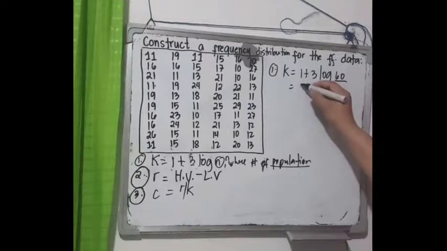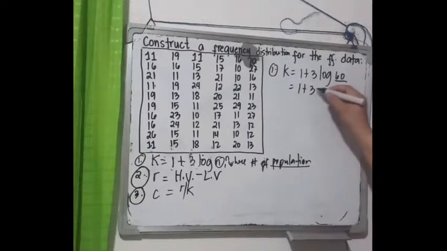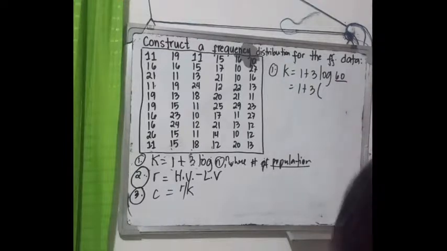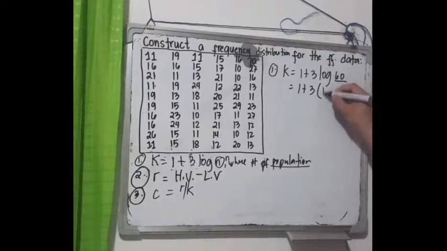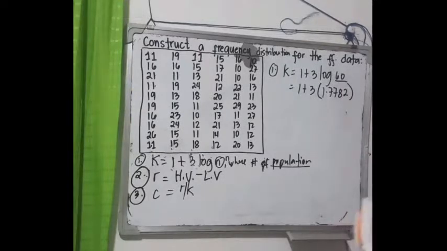So equals 1 plus 3 times log 60, using your calculator, that is equivalent to 1.7782. That is log 60 using your calculator or cell phone, converted to a scientific calculator.